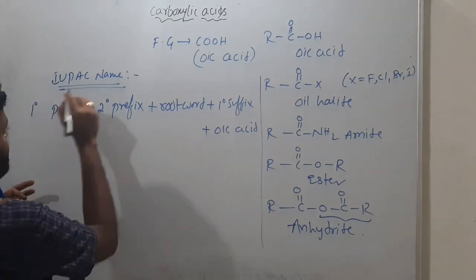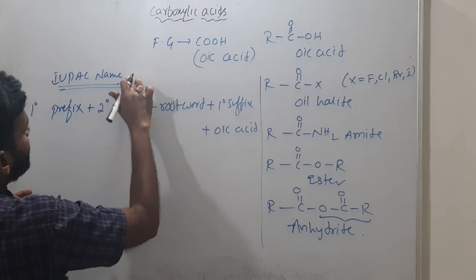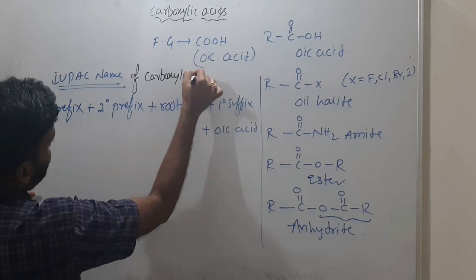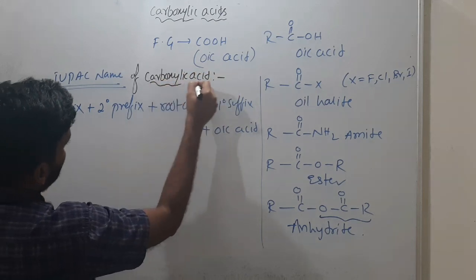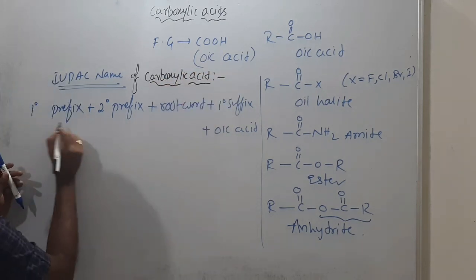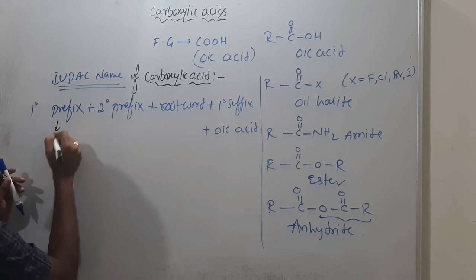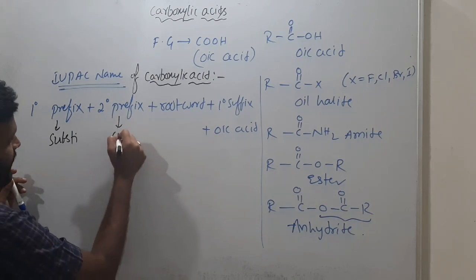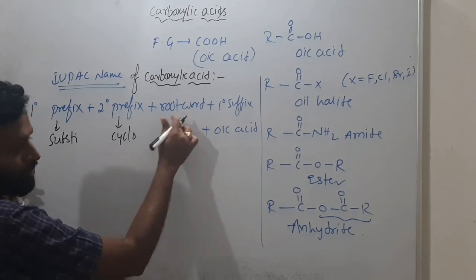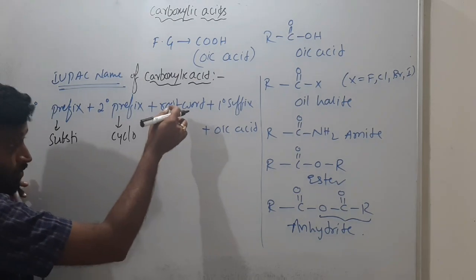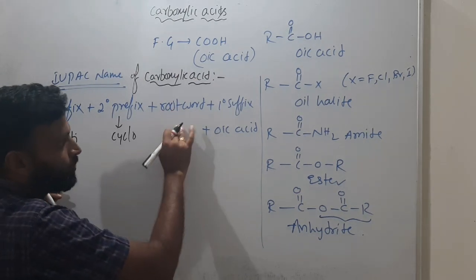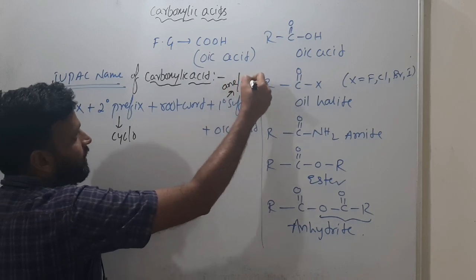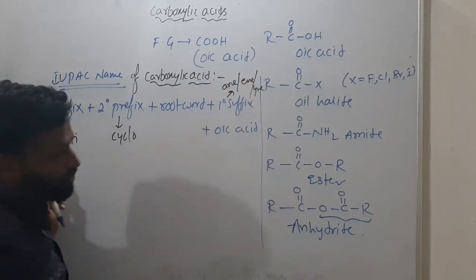This is the IUPAC name of carboxylic acid. Primary prefix is like a substituent, and for this one we use cyclo. Root word means meth, eth, prop, but, like that. Primary suffix, everybody knows, whether it is ane, ene or yne, like that.